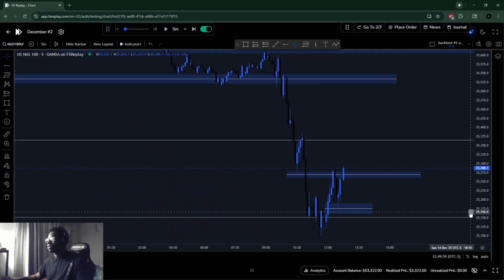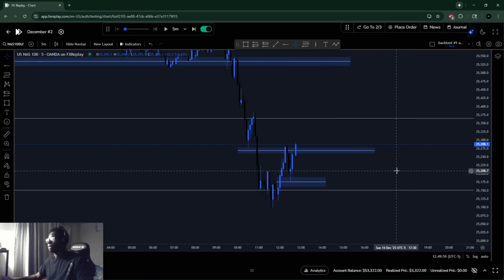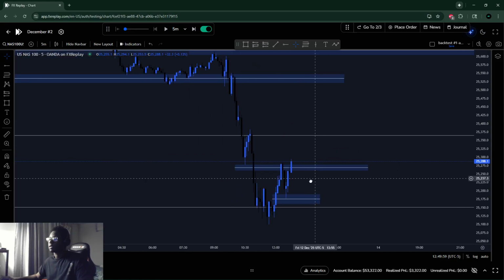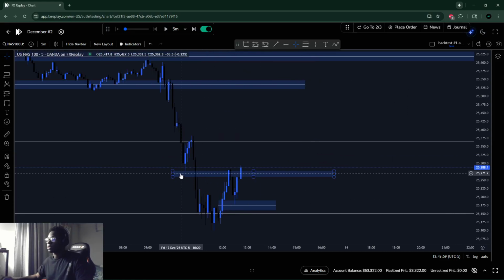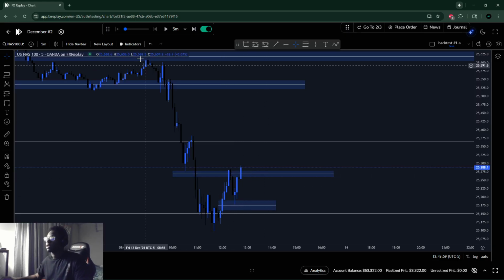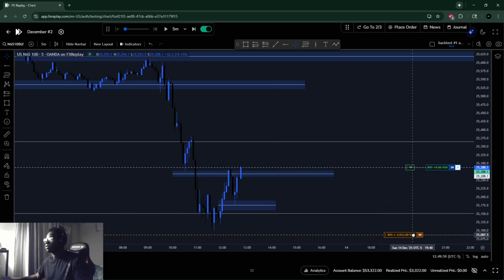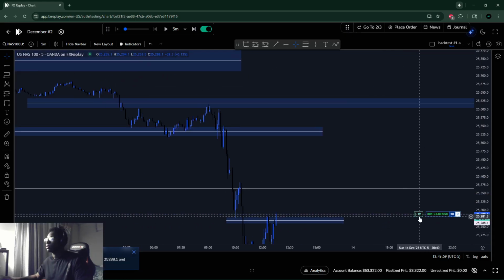I'm changing my bias a little too much, but if it presents itself, I'll take it. Because for a value gap retest into that bullish retest, inversing that gap, it's pretty solid. I'll take that trade. I want to see price come down here.